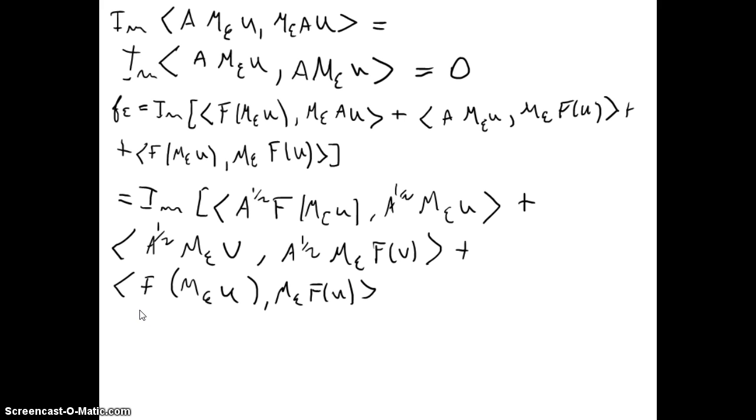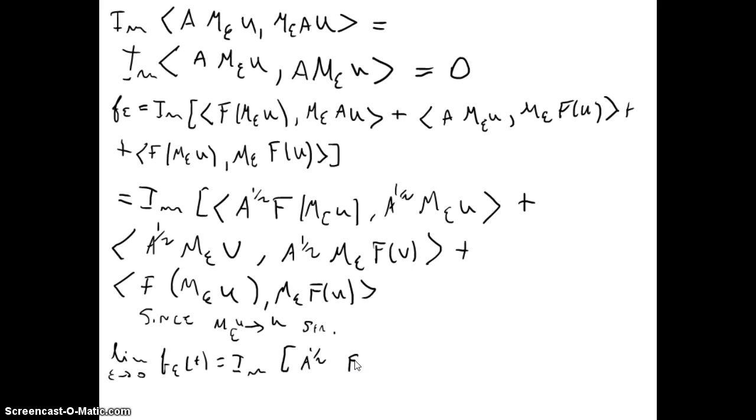Since M epsilon u converges to u strongly in H^{1.5} as epsilon goes to 0, the limit as epsilon goes to 0 of f epsilon will be the imaginary part of A^{1.5} f, A^{1.5} u plus A^{1.5} u, A^{1.5} f, plus f.